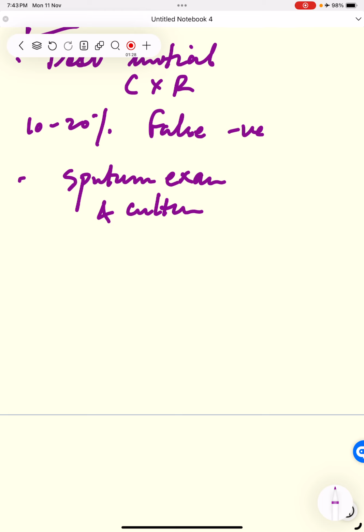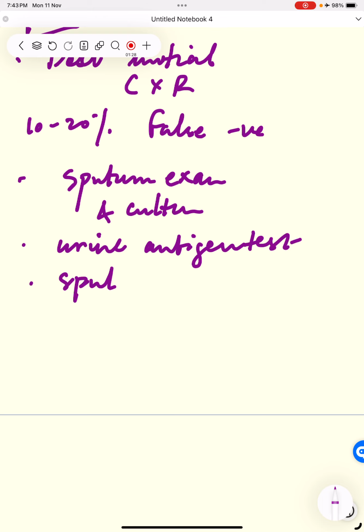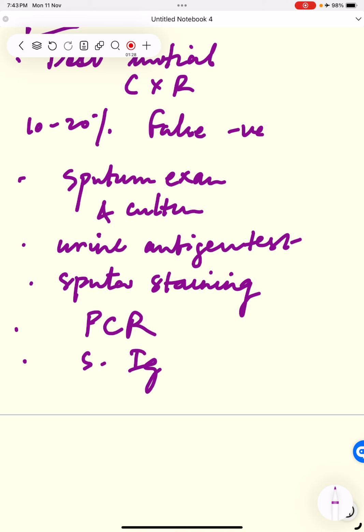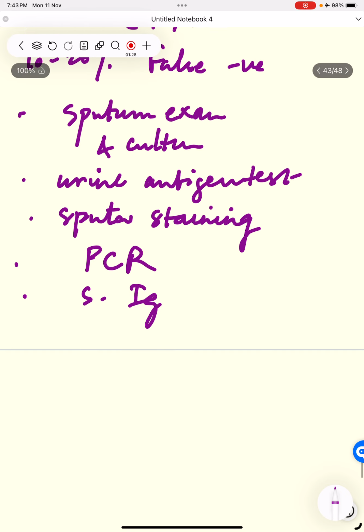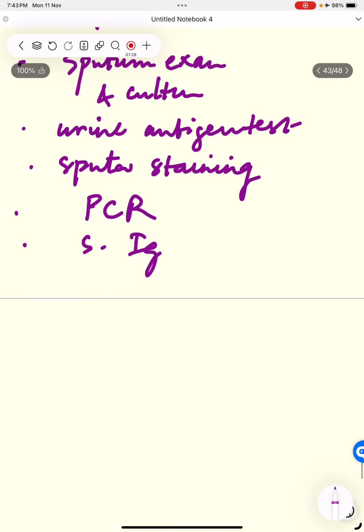You can go for urine antigen test. Okay, you can go for sputa staining. And definitely PCR can be advised. Serum immunoglobulins, agglutinin can be advised.